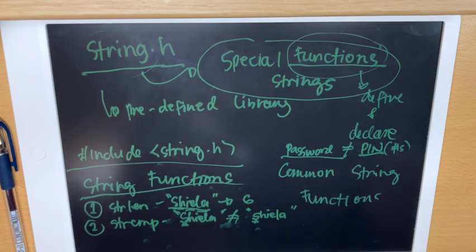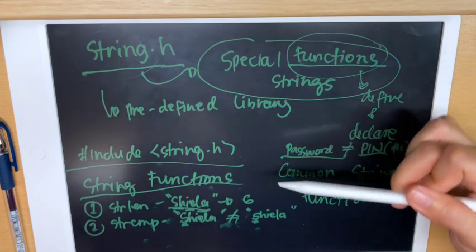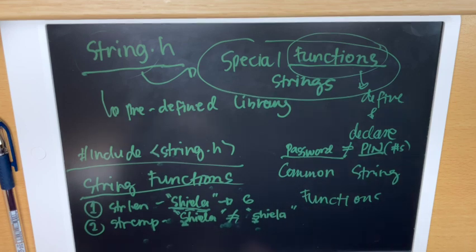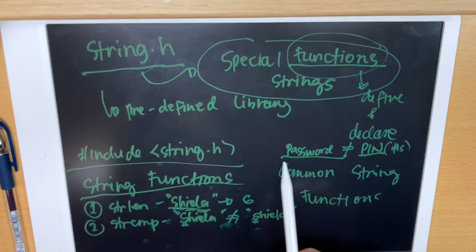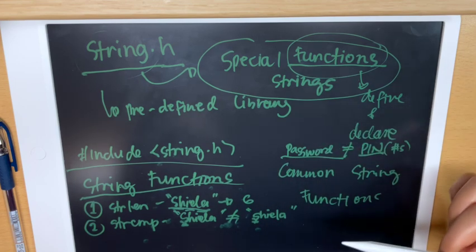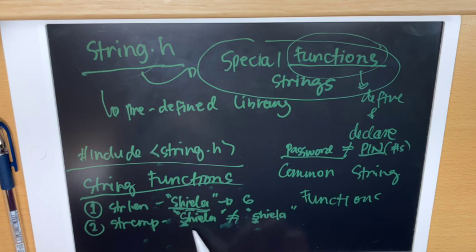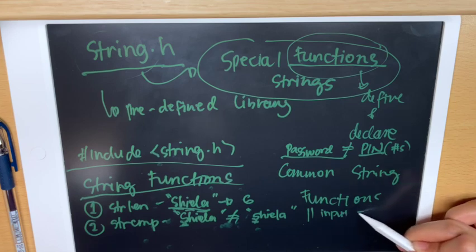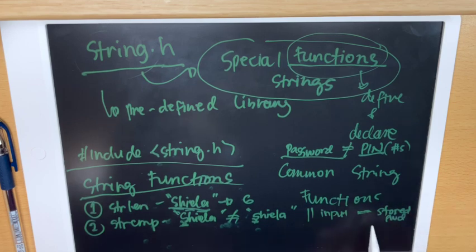For the application to know that it is your account, what happens is that it compares: given the username, you give the password, does your input match the stored password? If they're equal, then you can access your account. However, if not, you have to repeat again. That is one example of string compare.